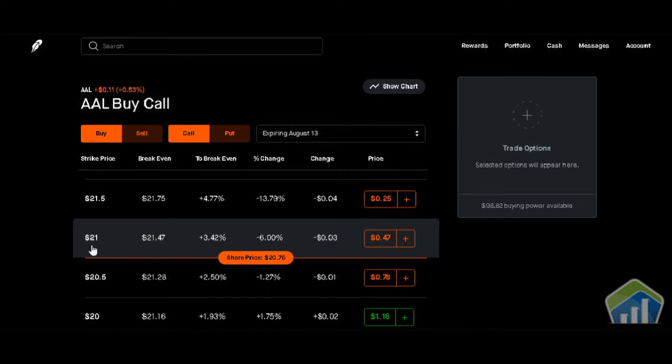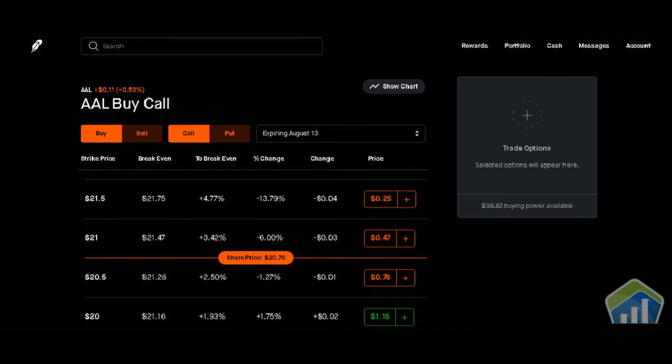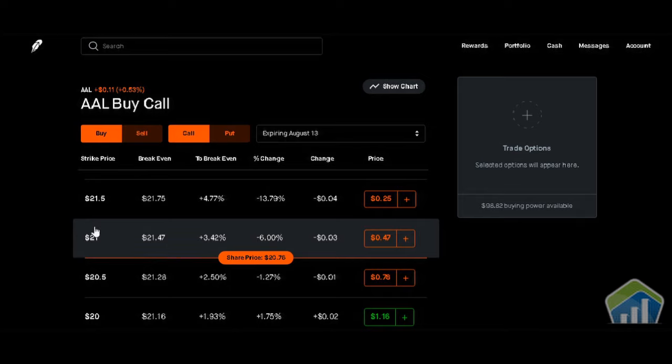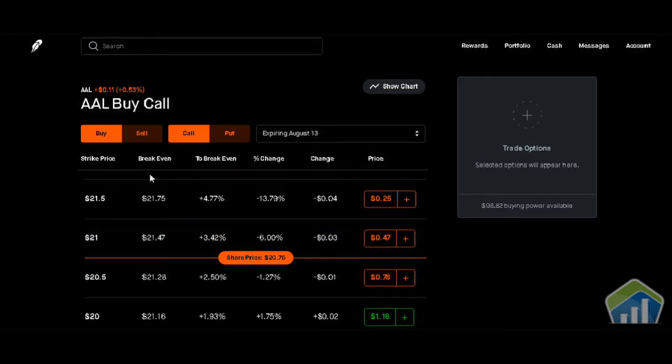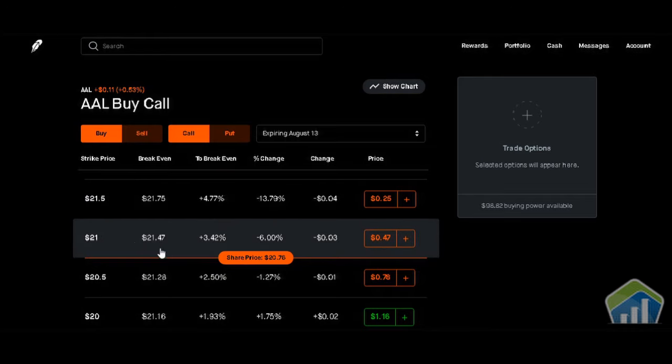So this $21 strike price is what you're saying you're willing to sell this at. The break even right here, $21.47, is the strike price and the premium paid to you or the premium paid out, depending on what you pick, combined. So in this case, $21 plus 47 cents, the break even is going to be $21.47, right?